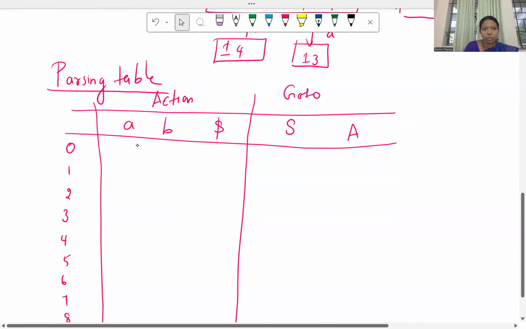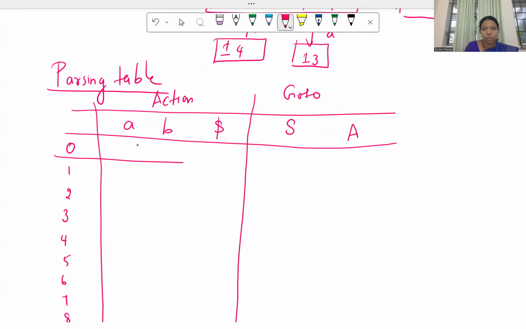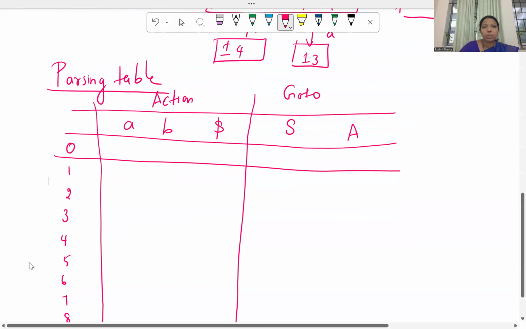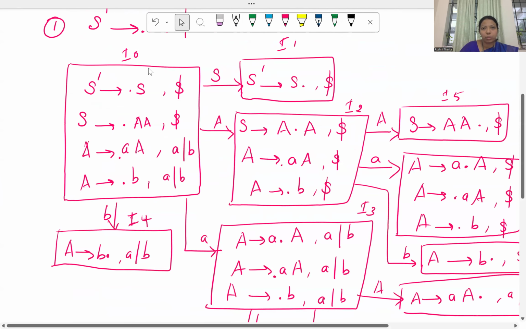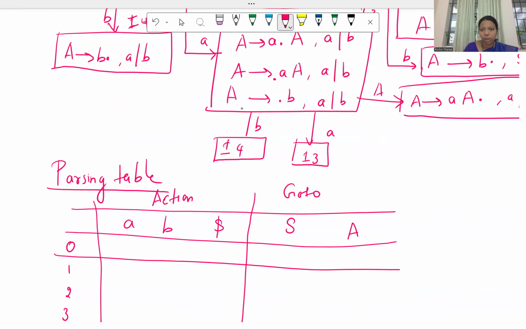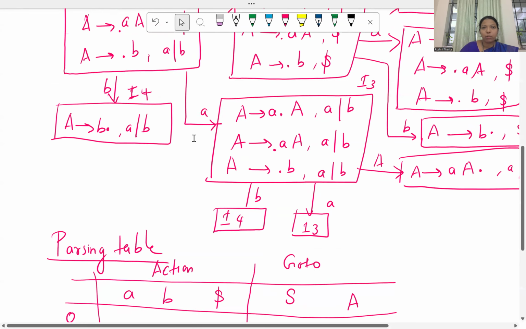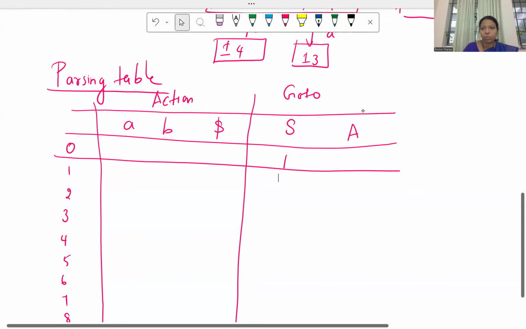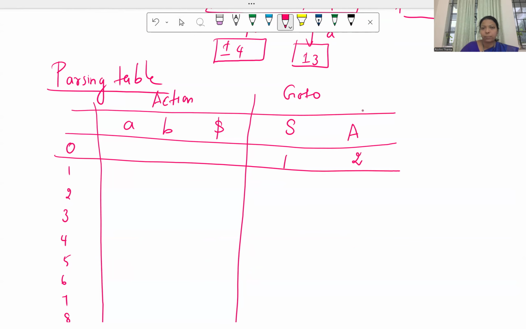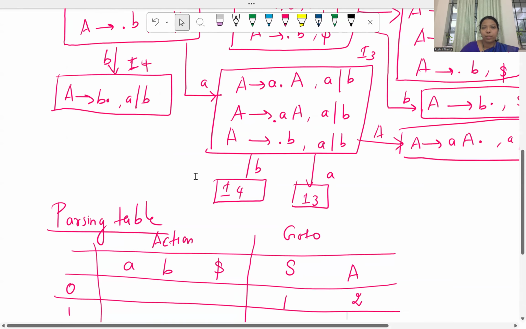Now we are going to start filling this table. From the zeroth state, you have to look at what go-tos we have. On capital S, it is going to 1, so write the number alone. And on capital A, it is going to 2. So in go to, just write the number. Hope you remember the previous algorithms.